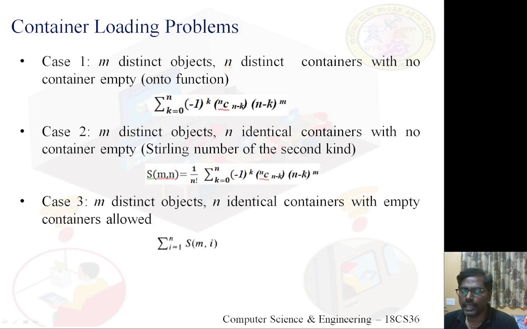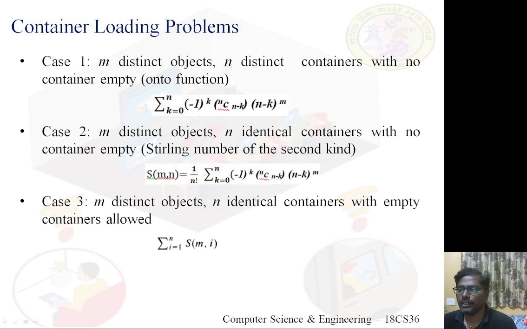So, when we analyze this, it resembles onto functions. When we analyze this filling of m distinct objects among n distinct containers with no container left empty, it resembles onto functions from a set with m objects to a set with n containers.